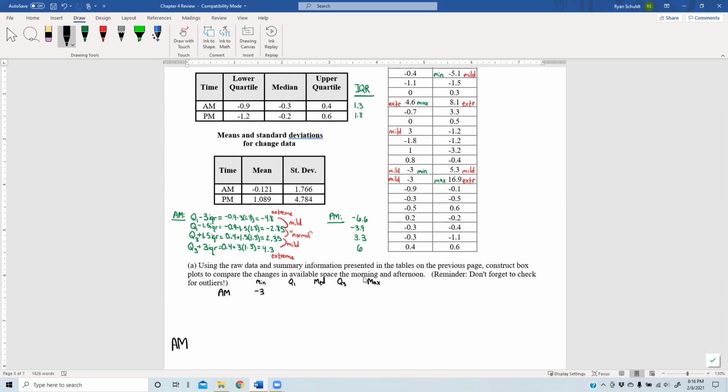So for AM, the min is -3, the max is 4.6. Q1 is -0.9. Median is -0.3. And upper quartile is 0.4.